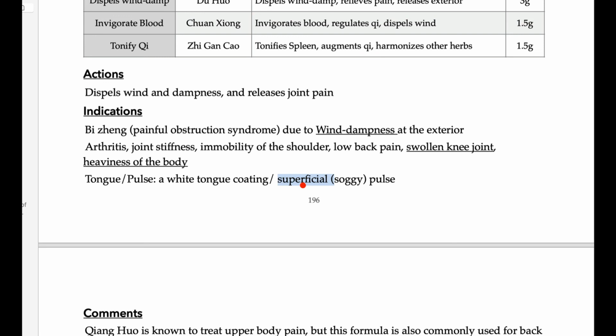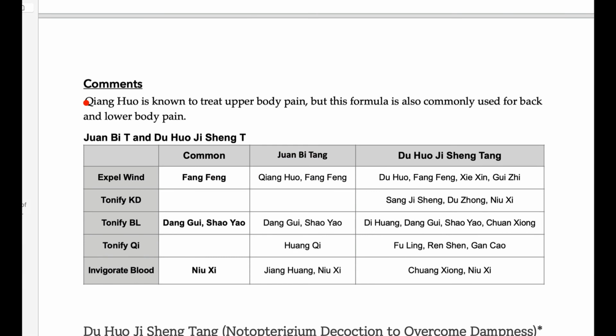It can be superficial, but not necessarily. If you consider those exterior-releasing herbs directly linked to a superficial pulse, you would need to use Duhuo Jisheng Tang only for the exterior symptoms, but we do not. This is also a schematic, oversimplified connection.